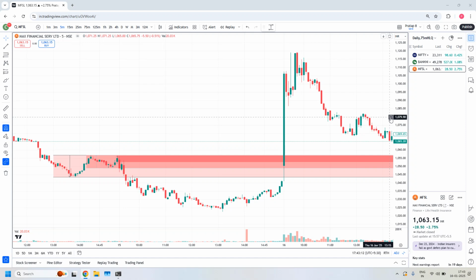So within these concepts, in lesson 16, we identified a new concept of when a zone can be violated. In 80% of scenarios, what could be the possibilities? All those things we evaluated. And today, that concept worked perfectly for MFSL.